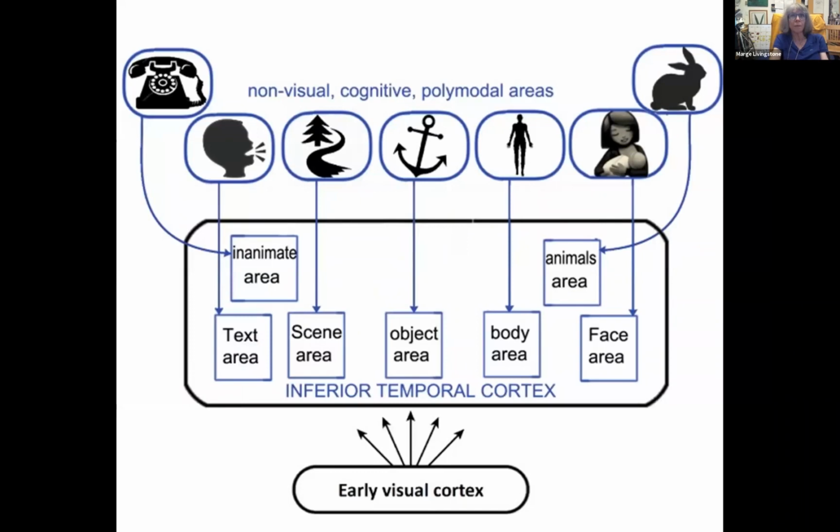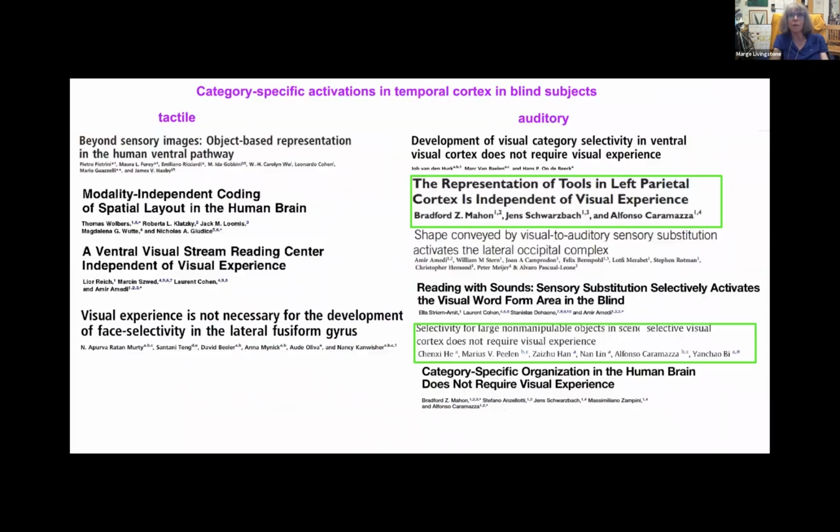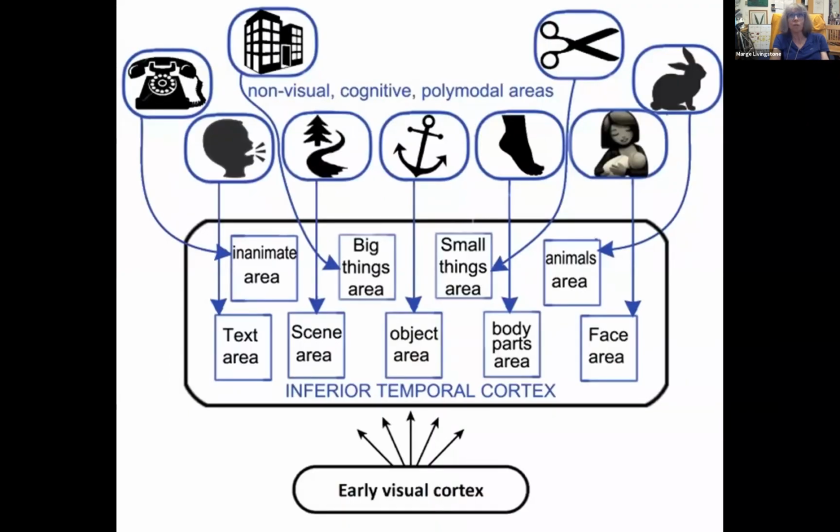So let's add animate and inanimate gradation to the top-down requirement. And these studies find that small manipulable things and large immovable things presented auditorily to blind subjects map to similar locations as they do for images in sighted subjects. So this much higher level feedback specifying the organization of ventral temporal cortex.